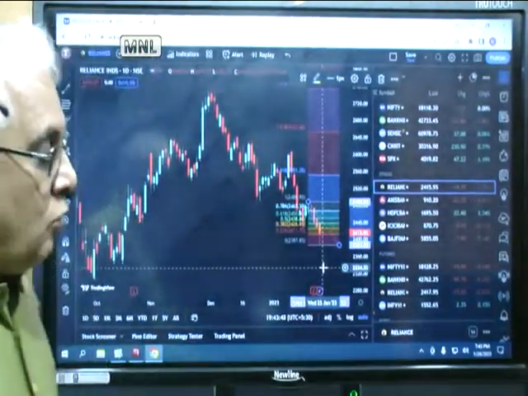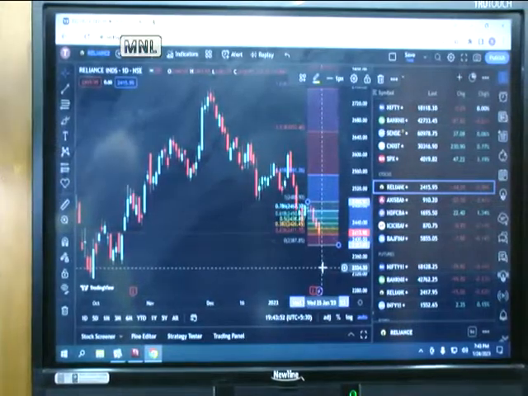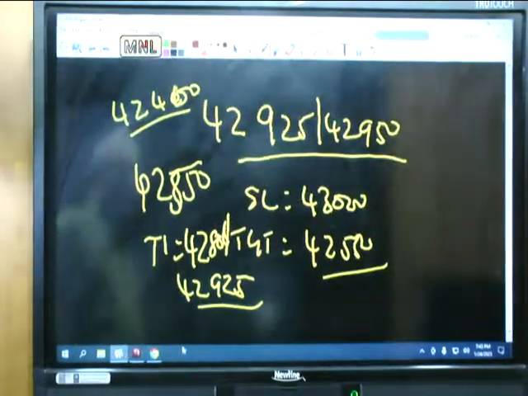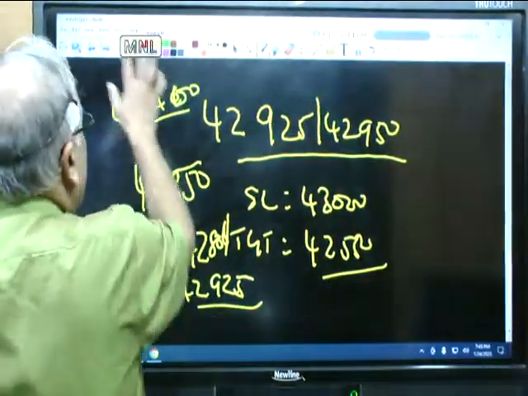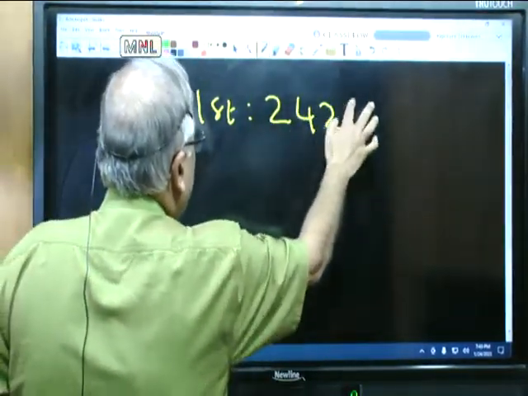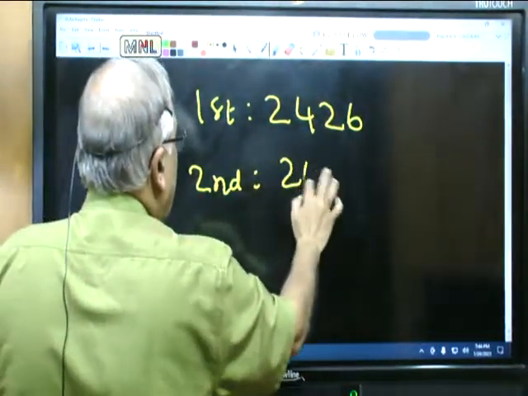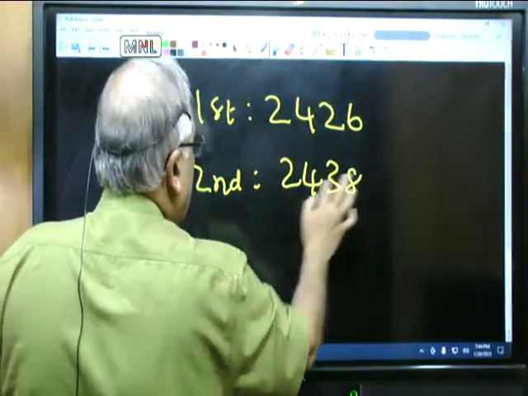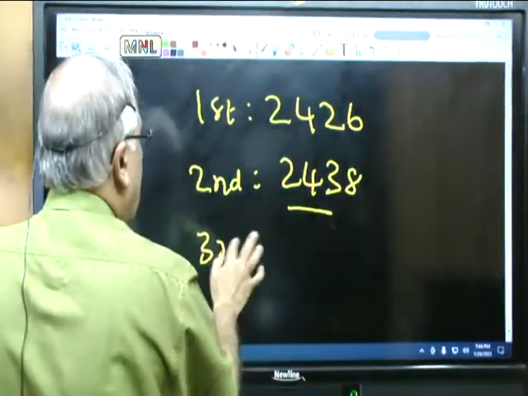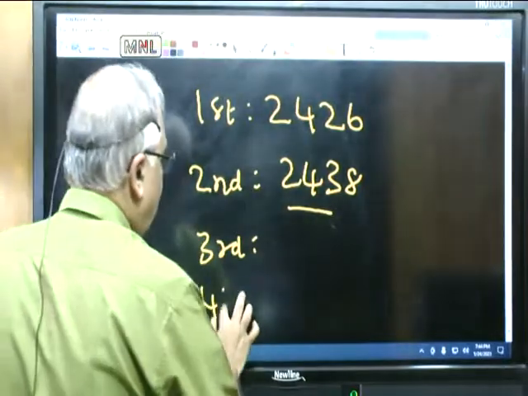So tomorrow when it starts to move up, what are the resistances that we are likely to get for Reliance? First resistance 2426. Second resistance 2438. Third resistance, fourth and last is 2467.